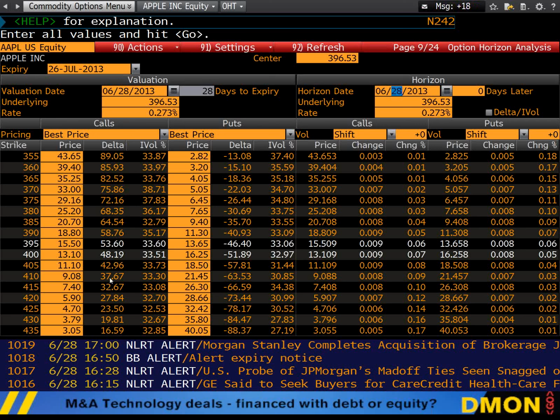It says delta right next to implied volatility. The delta is the expected move in the price of the option for every $1 move in the underlying stock price.